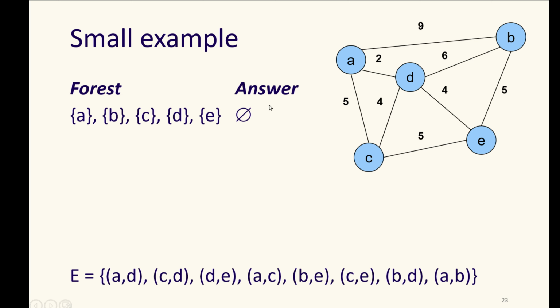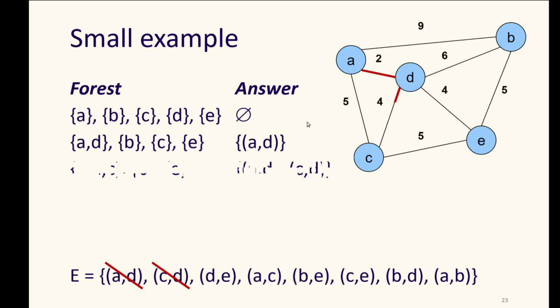And so far we know nothing about the edges that will be in our minimum spanning tree. So we take a look at the lowest cost edge, AD. We see that A and D are in different trees right now. So we merge those trees and we add AD to the set of edges that represent our minimum spanning tree.